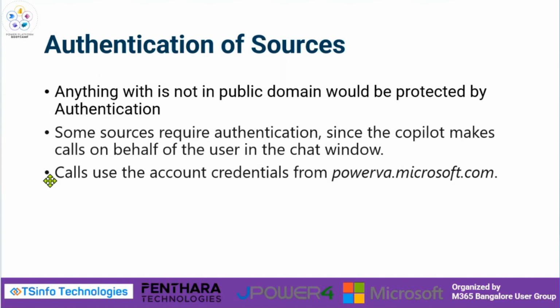It means we should be authenticating the user, so that the end users who are accessing the bot don't get extra information which they should not have. If the user doesn't have access to SharePoint, but he is able to get a response by asking via the bot, that would be a security breach. So you don't need to do that. You have to have your bot authentication enabled, and it should only respond with the data which the user has access to, and that is why authentication is important.